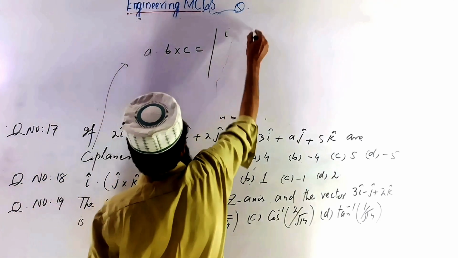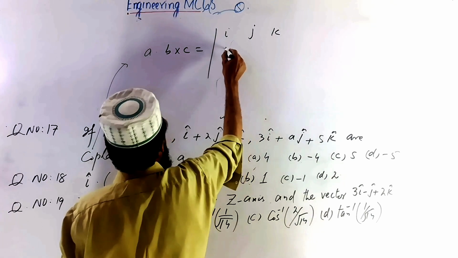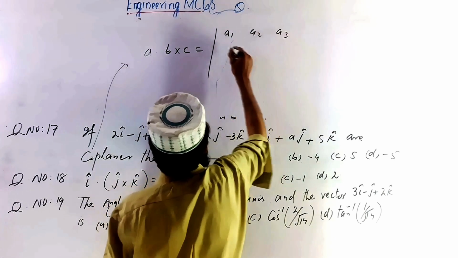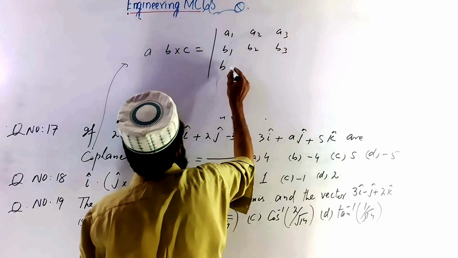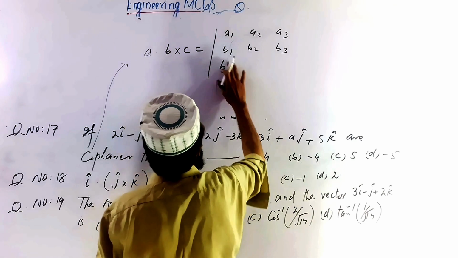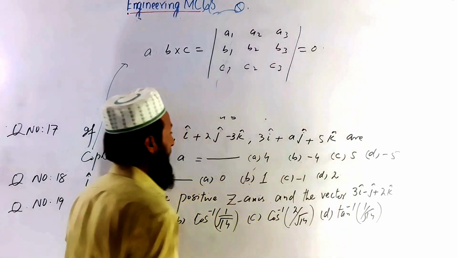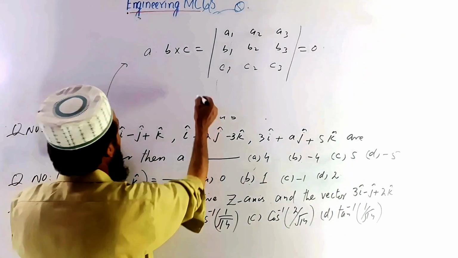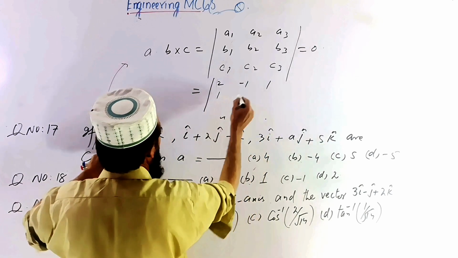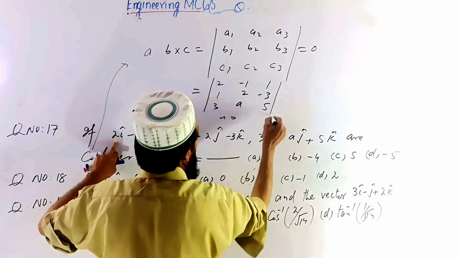So according to this formula, the determinant with rows 2, -1, 1; 1, 2, -3; and 3, a, 5 is equal to 0.